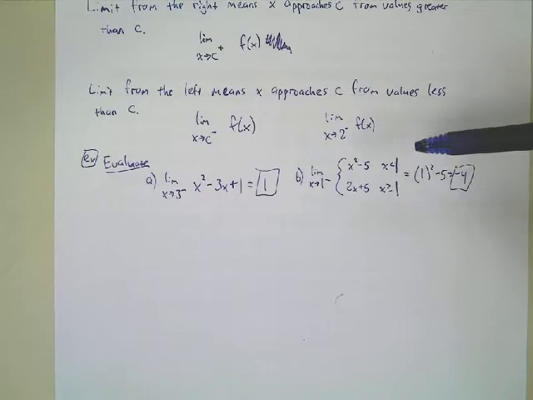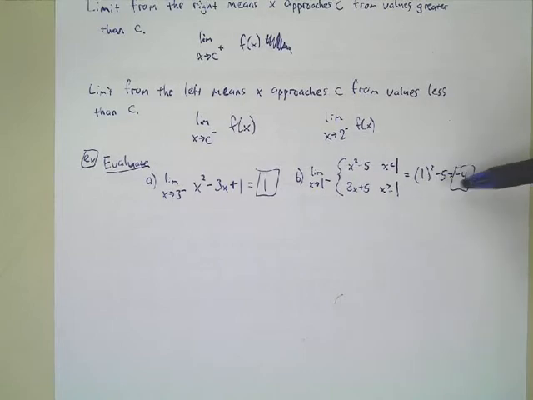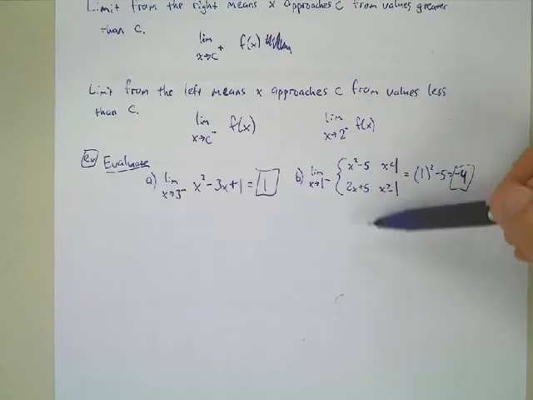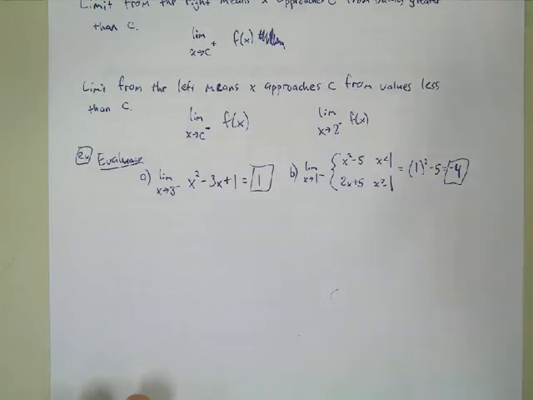So Drew, you're exactly right. We want to use this top one, and then we can use direct substitution of plugging in the 1 to get the limit. So that's why that's negative 4. If I want to find f of 1, I plug the 1 in here: 2 times 1 plus 5, which would be 7. All right, so there you go.